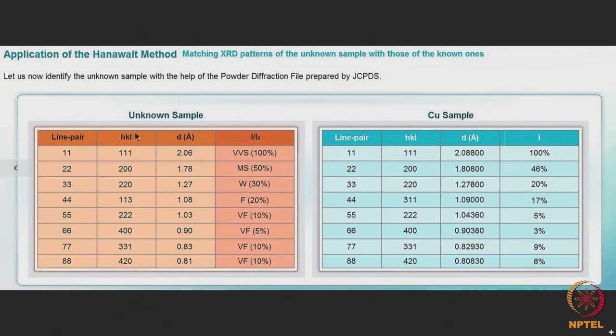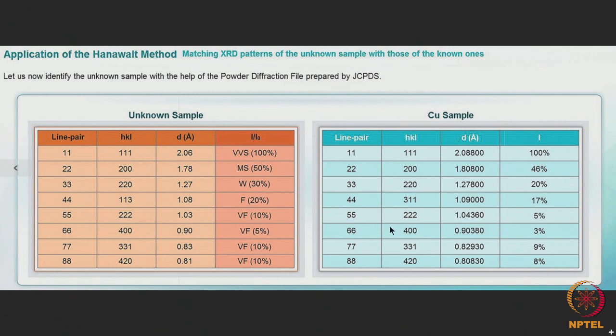Say for example, our unknown sample shows all these 8 lines, their HKL values, their D values and their relative intensities. And once we start matching this data with the data provided in the thousands of cards that are available in the PDF, we find that these data match pretty well with the data provided for a known copper sample.